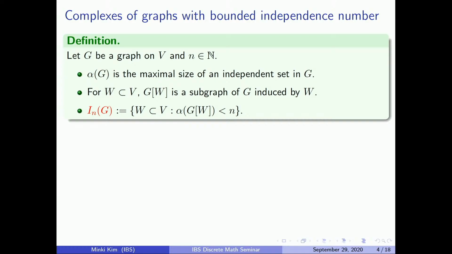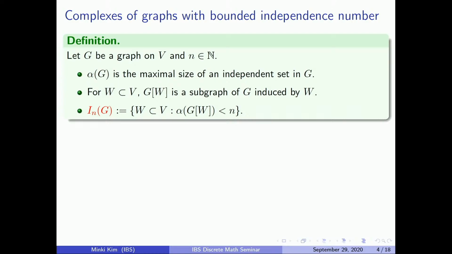As usual, we define alpha(G) as the independence number, that is the maximal size of an independent set in G. And for each vertex subset W, we denote by G[W] the induced subgraph of G. Then we define this complex of subgraphs with bounded independence number as I_n(G), which is a complex on V, whose faces are vertex subsets that induce a subgraph with independence number less than n.